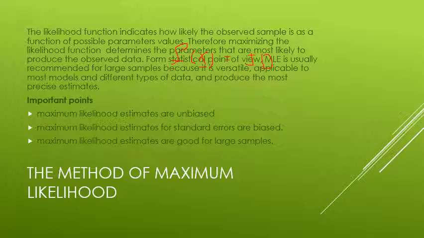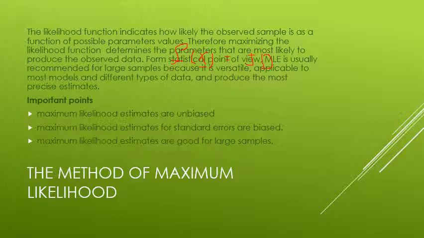When we multiply the function for each value of the sample, x1, x2, and so on up to xn, by putting these values in the function, the multiplied result is called the joint distribution. Therefore, maximizing the likelihood function determines the parameters that are most likely to produce the observed data.